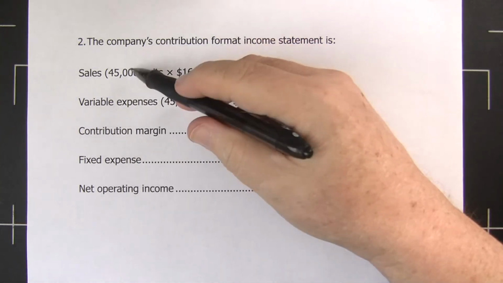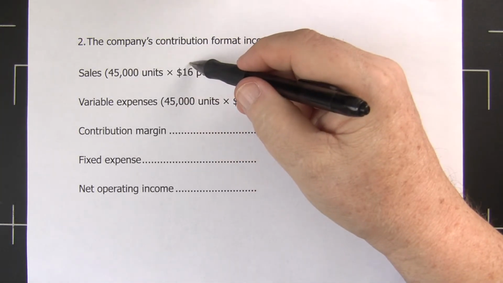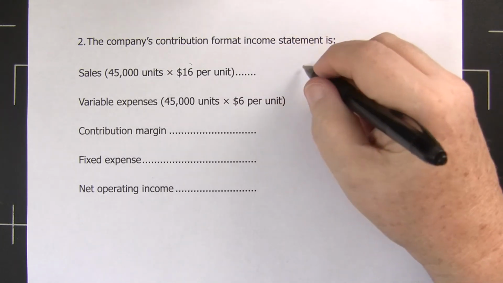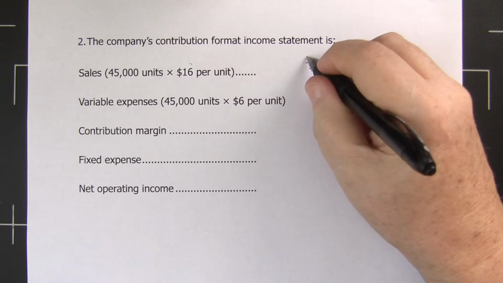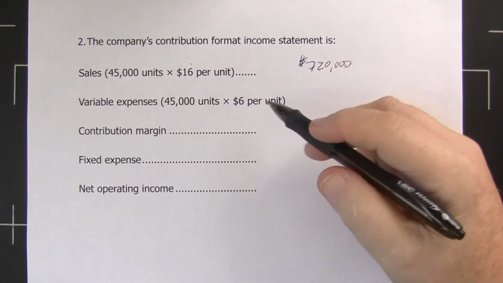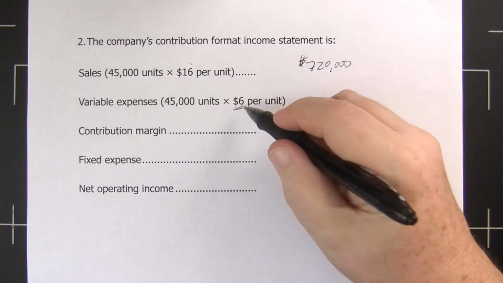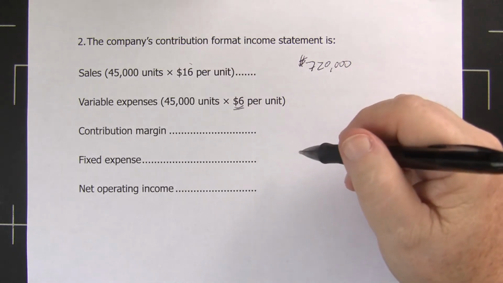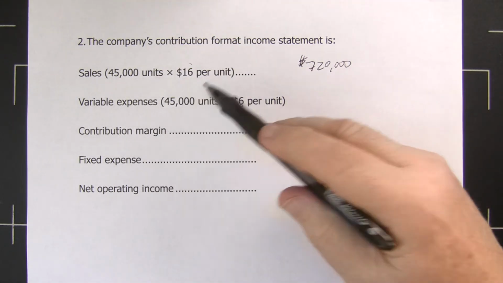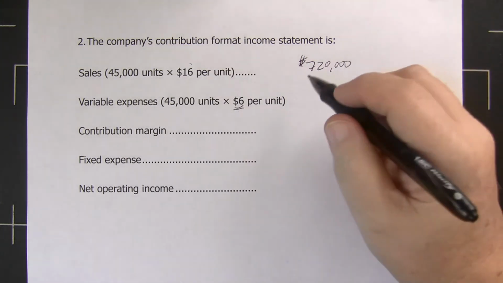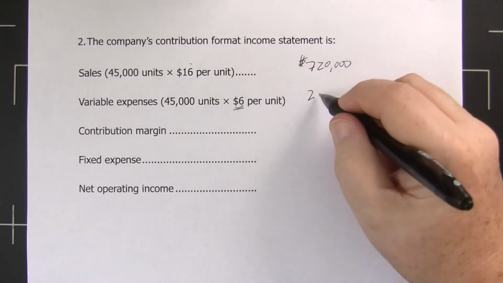So 45,000 units, $16 per unit, 720,000. Our variable expenses stay constant at the unit level, vary in total: $6 times 45,000 units, 270,000.